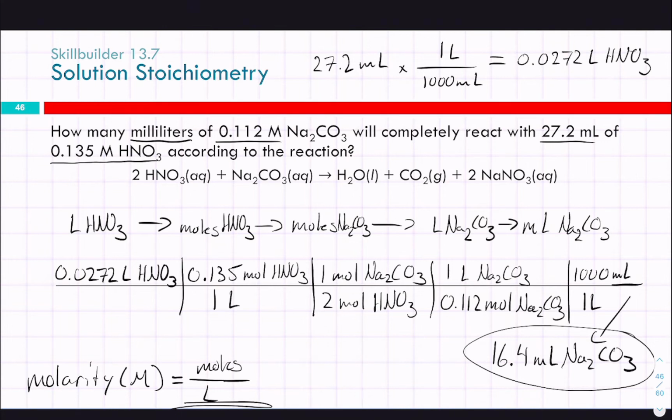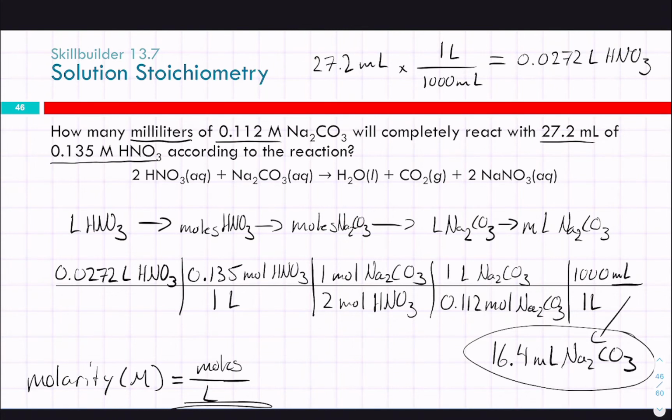Yeah. I have a question for the 0.112 moles of the sodium carbonate. So we use the 0.112, and that means molarity, correct? Mm-hmm. So molarity would count for moles in that situation? Yeah, so molarity is moles per liter.